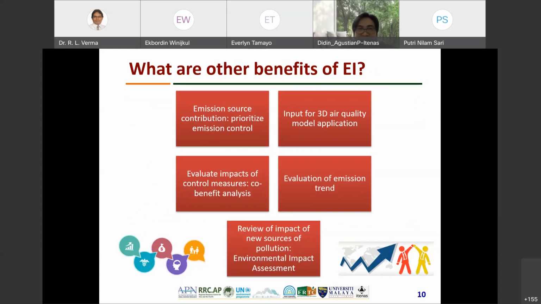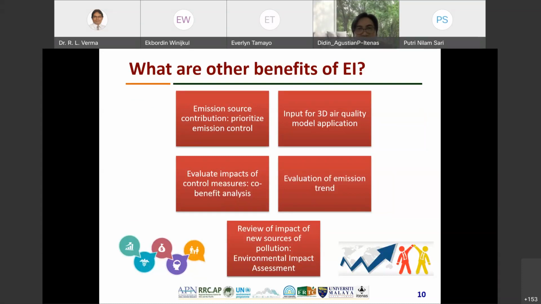So these are other benefits of emission inventory. The first one, of course, is emission source contributions. This will be very helpful to prioritize the emission control, and this data can also be compared with the result of the receptor modeling, which may be covered by Dr. Viros after these presentations.